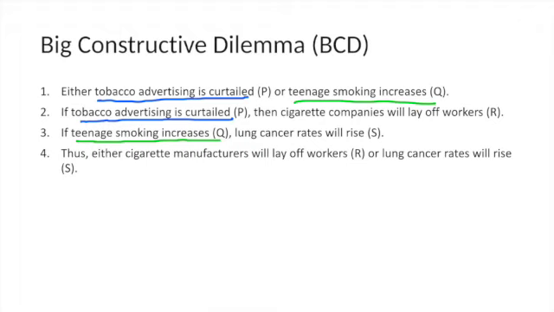And each one of those implies a consequent, again in premises 2 and 3 respectively. And then each of those consequents becomes a disjunct in the conclusion.